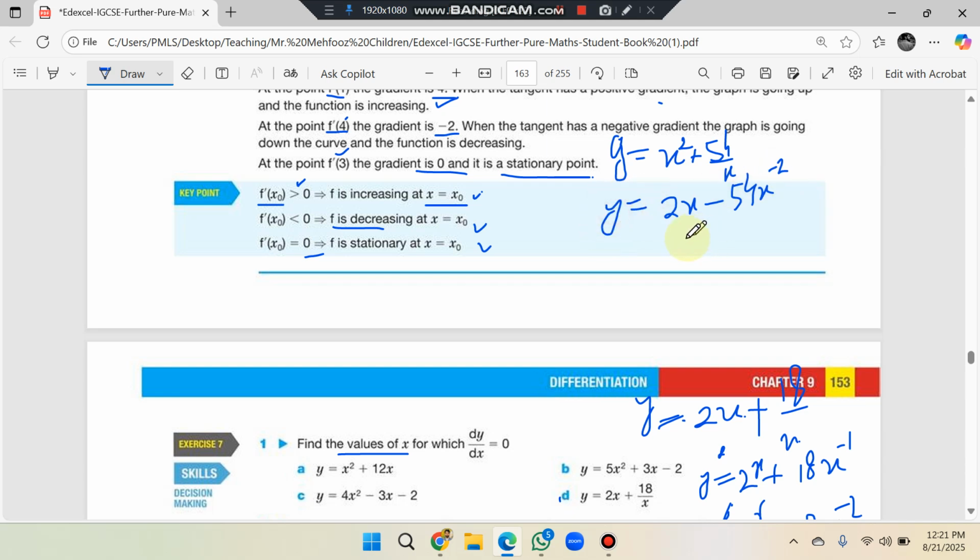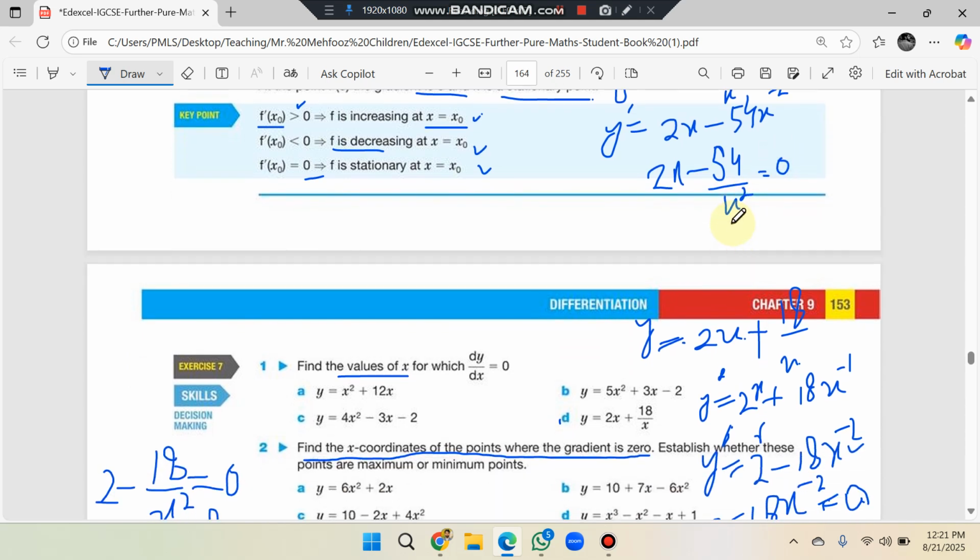Yes. Okay, so next, this is the y derivative, and after that we have to put this derivative equal to 0. So it becomes 2x minus 54 over x square is equal to 0. After that, what are the values of x?